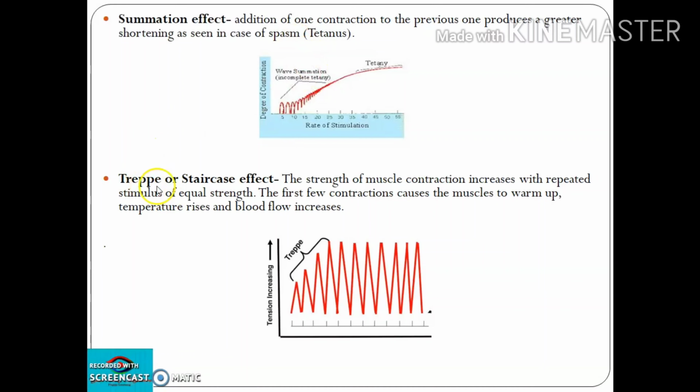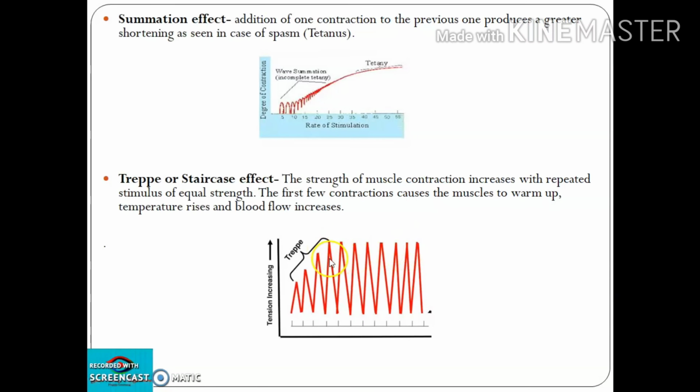Then there is a case called Treppe or staircase effect. In this effect, the strength of muscle contraction increases with repeated stimulus of equal strength. Although there is proper relaxation after every contraction, since a stimulus of equal strength is being given again and again, the first few contractions cause the muscles to warm up, and then there is a constant high tension in the muscles.